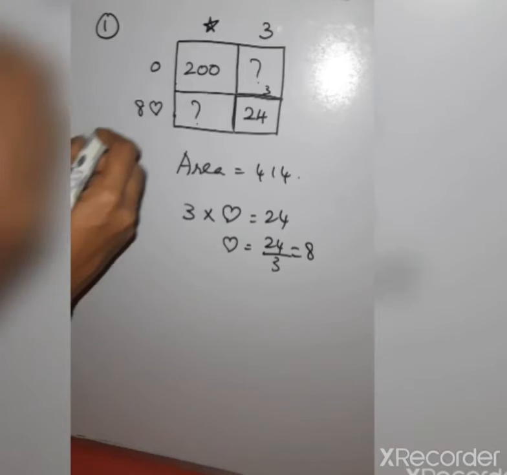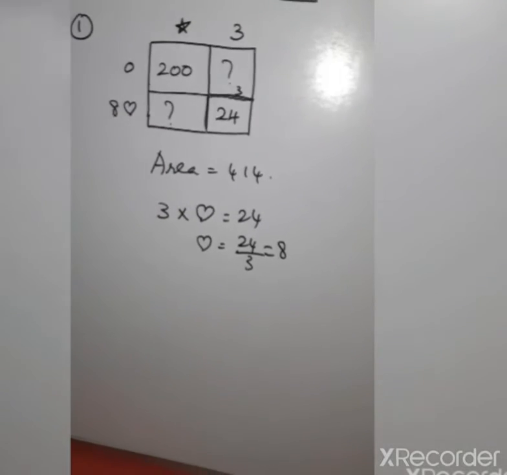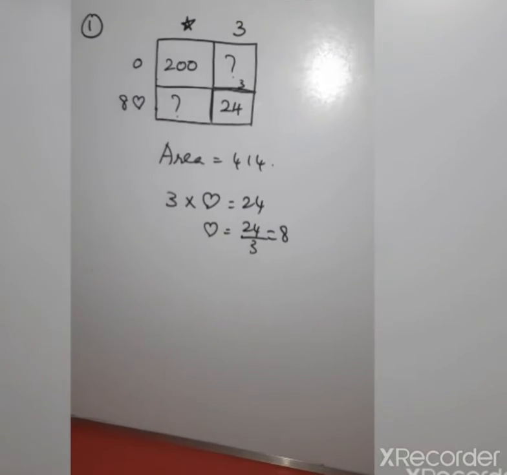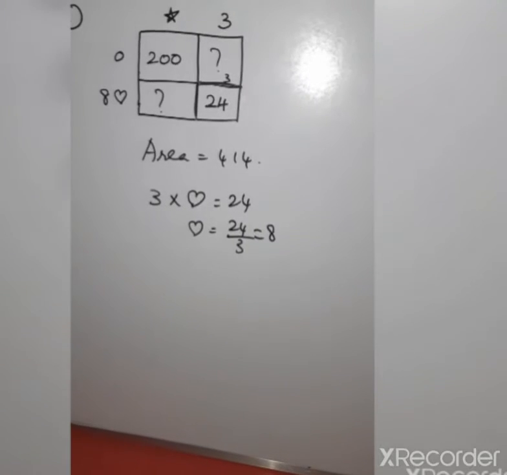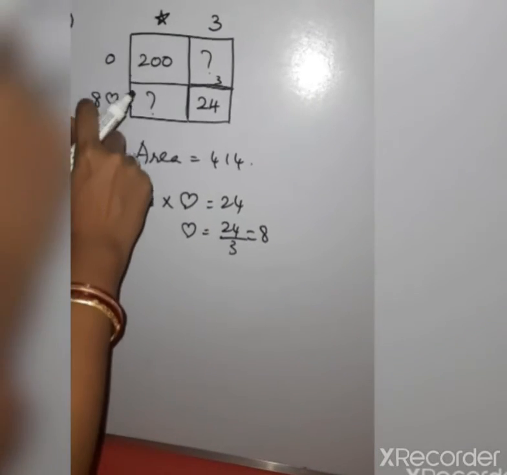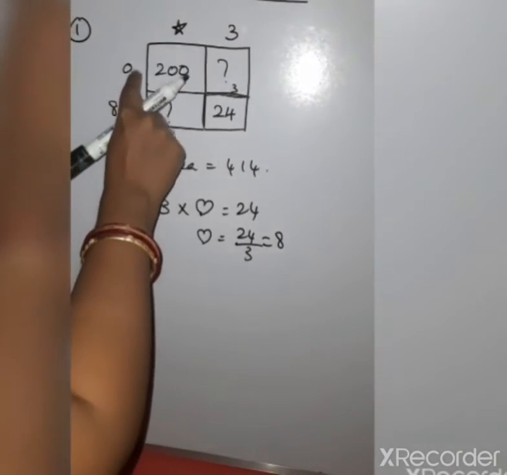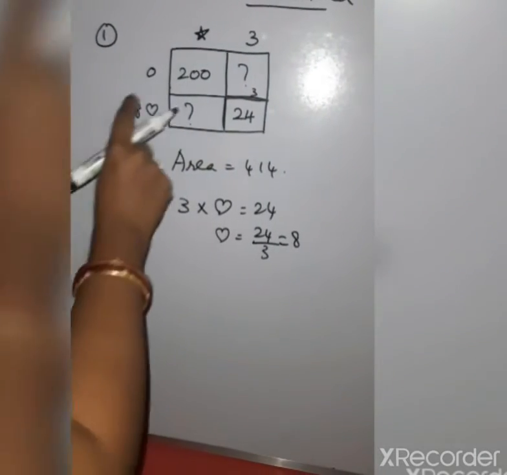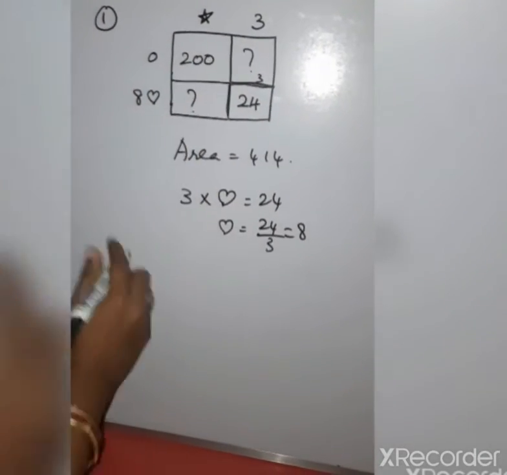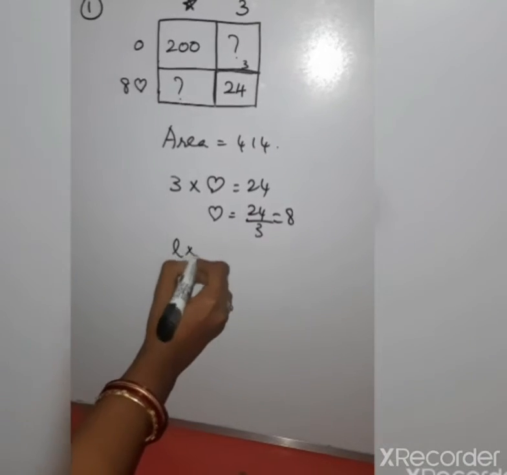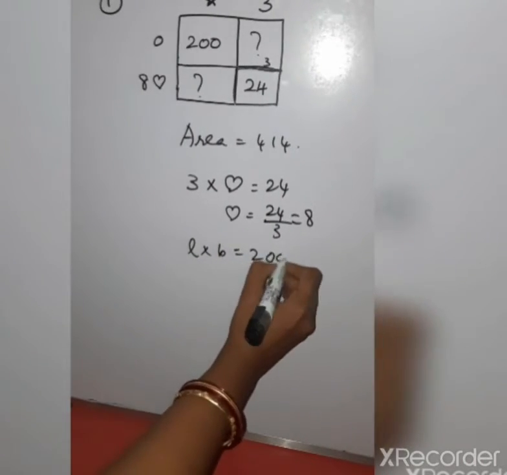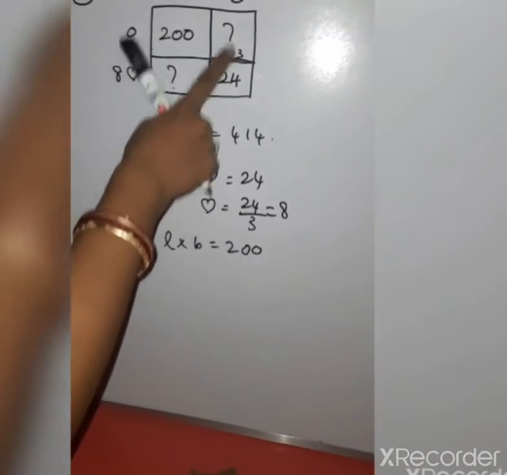Okay, now going to find the other icons. Now let us consider this circle and star as the length and breadth of this rectangle. That is, length into breadth equals 200, which is given for us. The first area is 24, which we have already found.